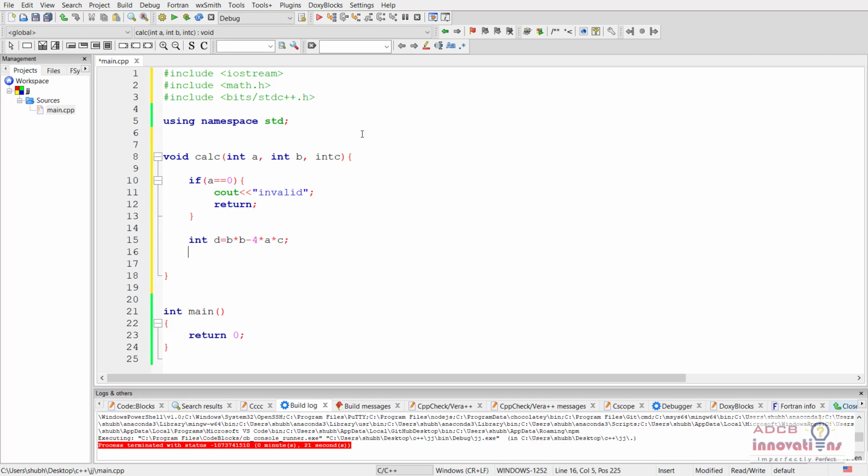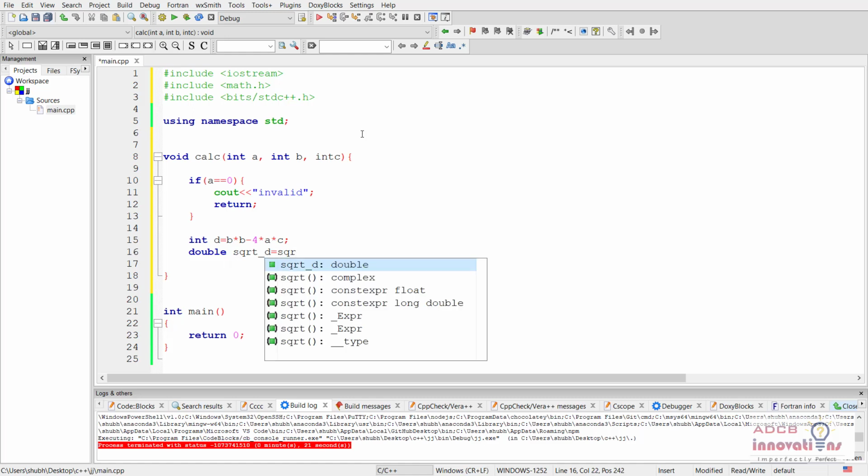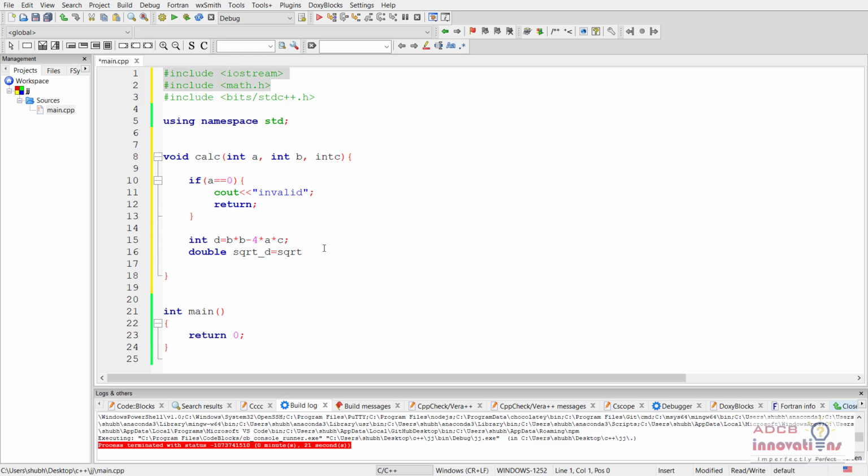So now here we are going to define a double, and let's say we define it as sqrt_d, which is equal to, we are going to use the sqrt function. That sqrt function we are able to directly use because of the math.h library which we included.